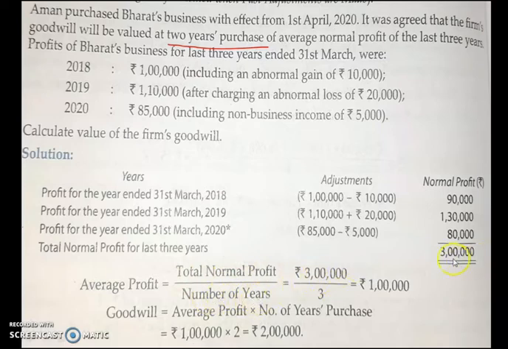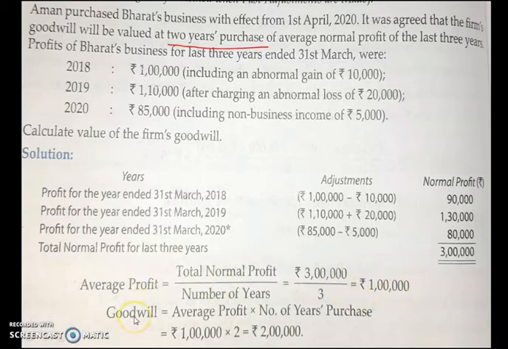Total normal profit you got from the first step, that is 3 lakh. Number of years means how many years profit you have taken into consideration: 2018, 19 and 20, so 3 years. So 3 lakh divided by 3, you will get 1 lakh. So your second step is average profit of 1 lakh.